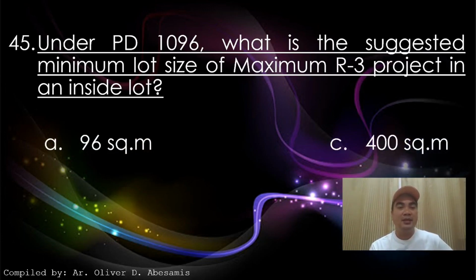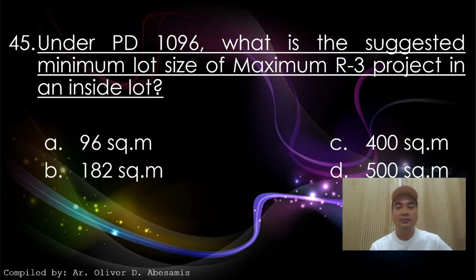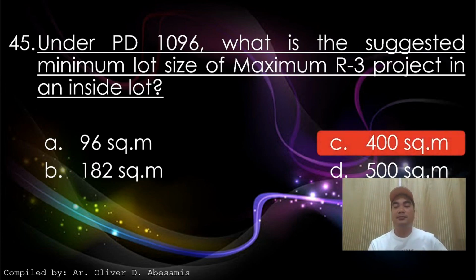A. 96 square meter, B. 192 square meter, rather 182 square meter, C. 400 square meter, and D. 500 square meter. Answer? C, 400 square meter.